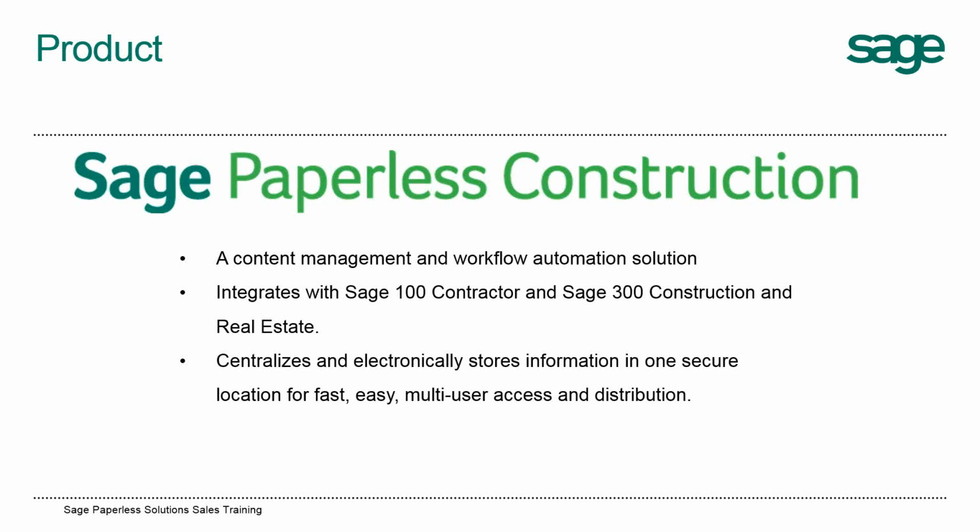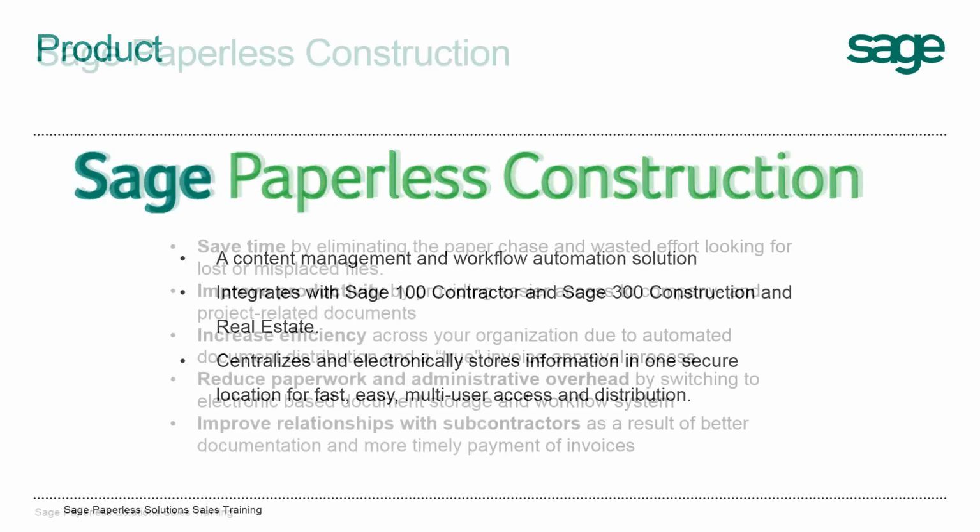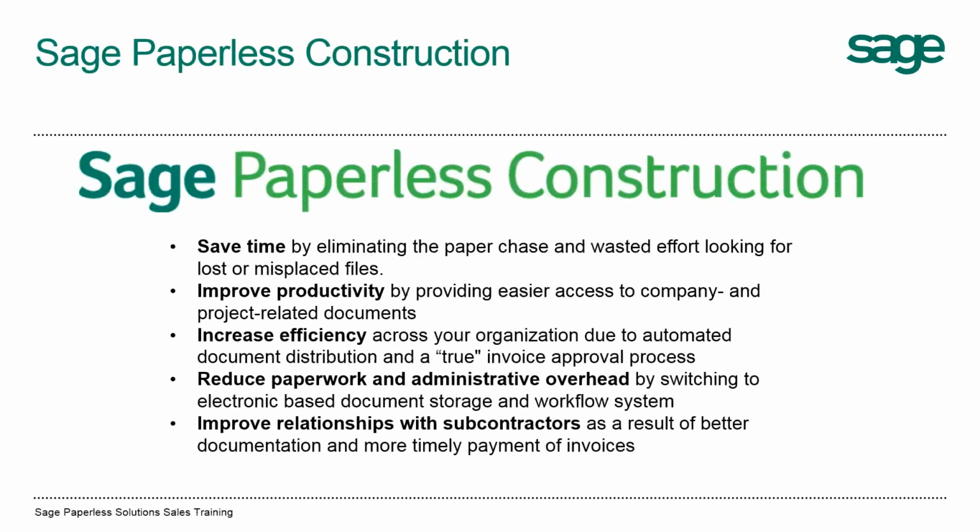Along with Sage Paperless Construction, we're going to have the benefit of being able to save some time. It eliminates the paper chase and looking for lost or misplaced files, going through different filing cabinets, trying to remember where things might have been filed.